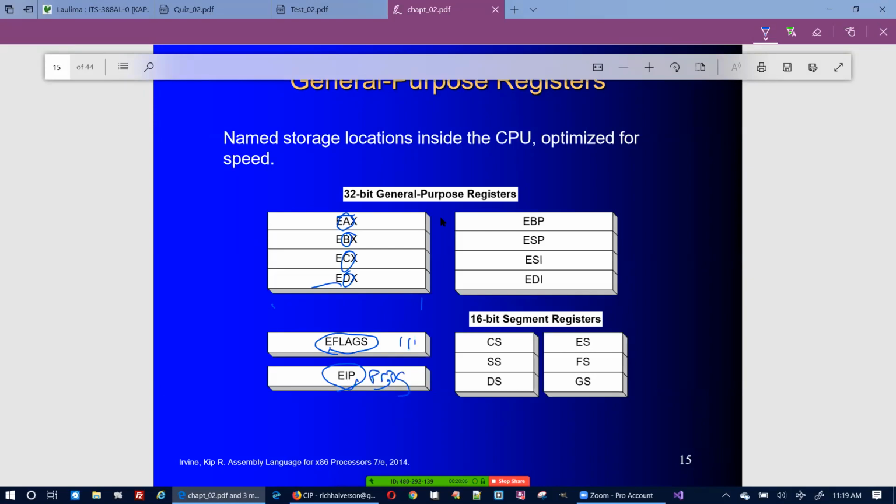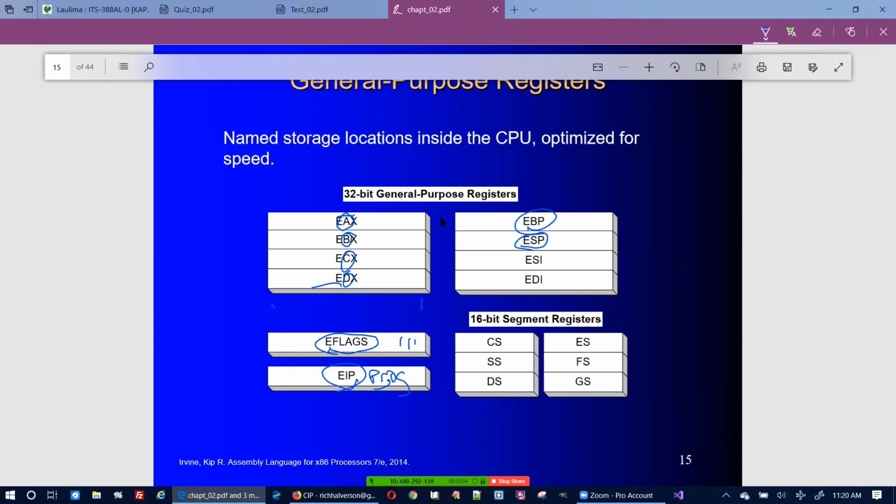Whereas up here we have the stack pointer. Stacks are used when you're calling subroutines. You want to store the return address on the stack. If you're supporting a higher level language, you want to store your operands on the stack. This is the base pointer, which also points into the stack area, and of course that's how you would refer to operands on a stack in a conventional programming language.